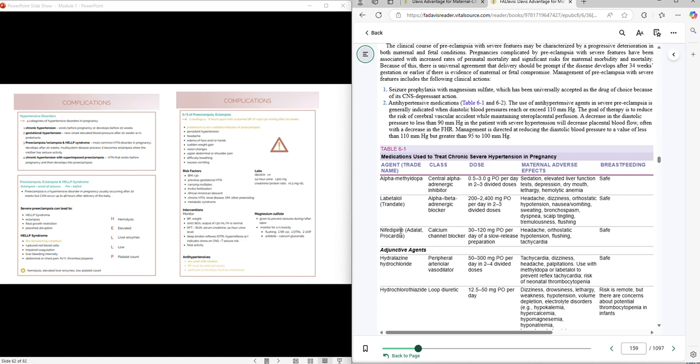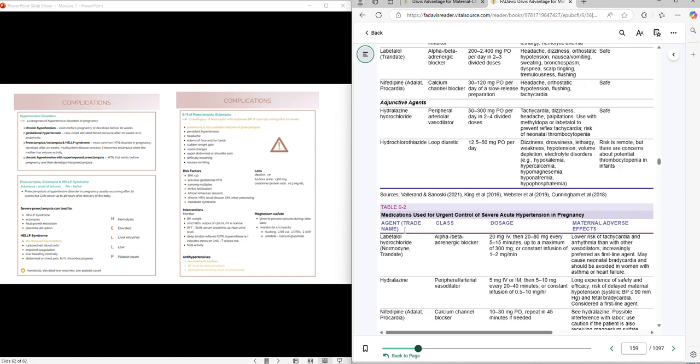Nifedipine is one, but do we give this with mag sulfate? No. Because it can cause what? Cardiac arrest, that we just discussed.